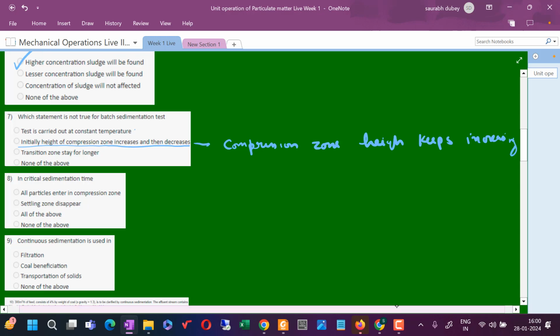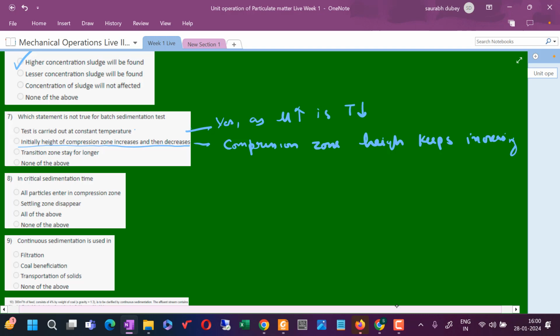And this one, the test is carried out at constant temperature. Yes, as viscosity increases if temperature decreases, so settling is difficult.